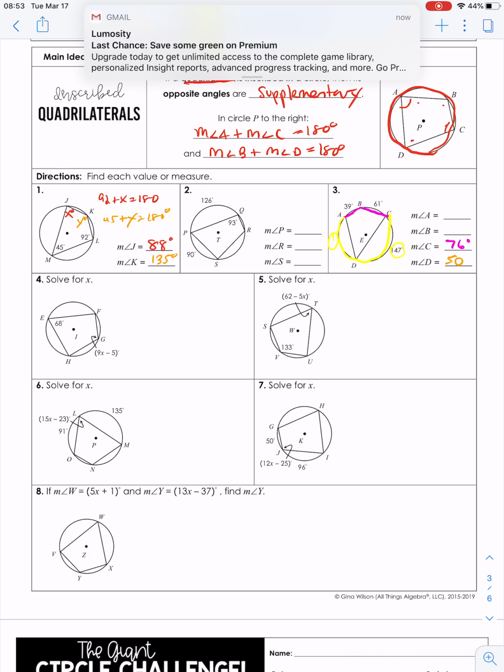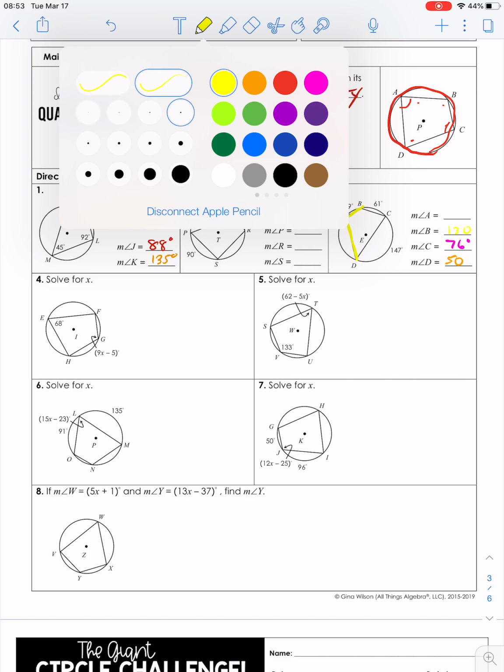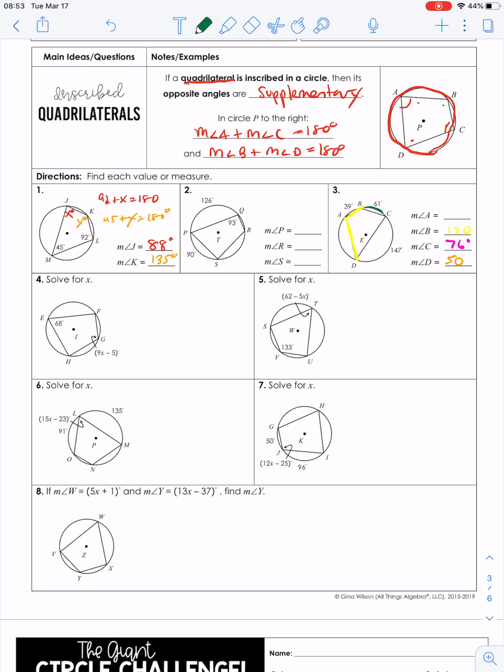And 260 divided by 2 is 130. So that's going to be angle B. And last one, angle A. Angle A is this guy right here, an inscribed angle, and its arc is here. So it's going to be half of 61 plus 147, which is 104 degrees. There we go.